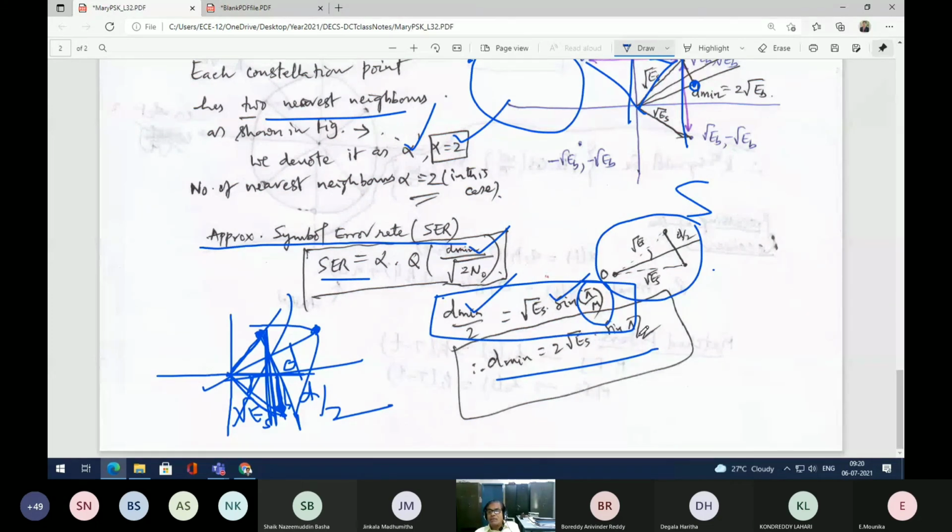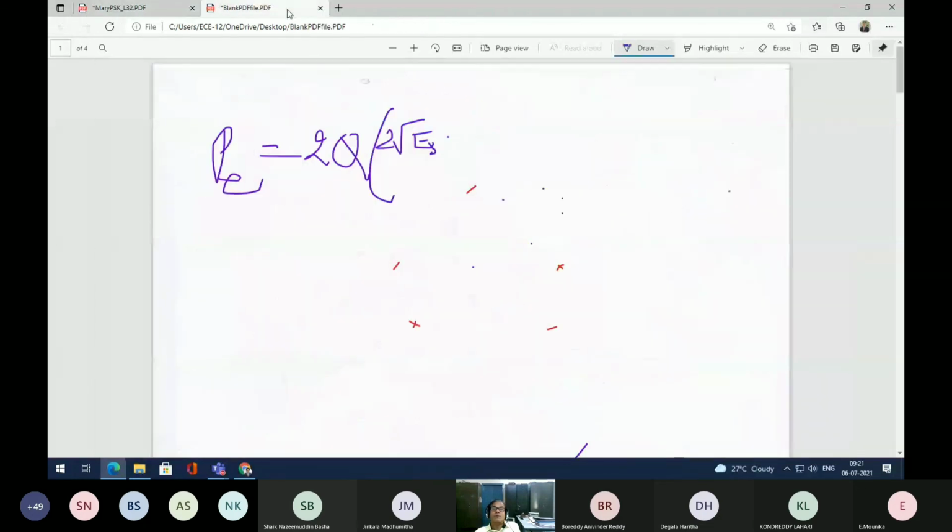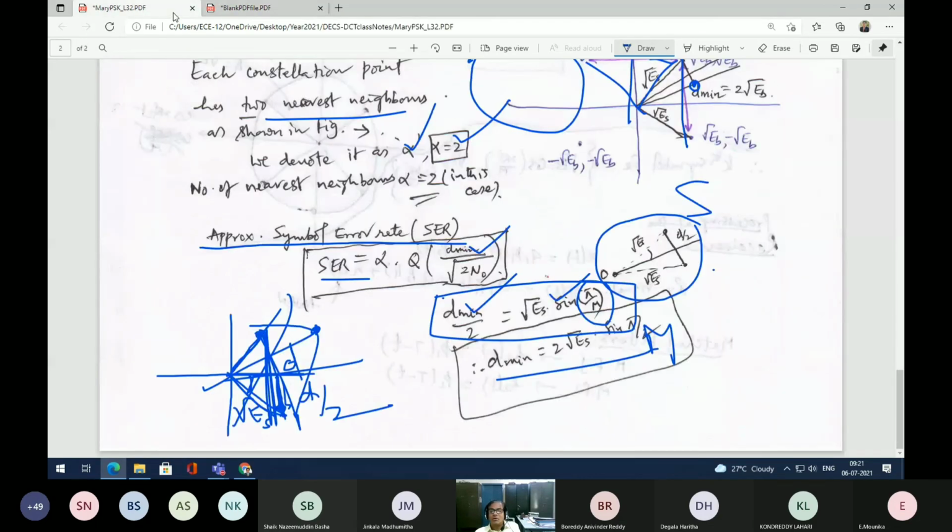This is pi by m, not D by 2. D by 2 will be pi by m. D minimum by 2 is this. You'll get 2 here. This is sin pi by m by root over 2 N0. Correct? I think this is what we have got.